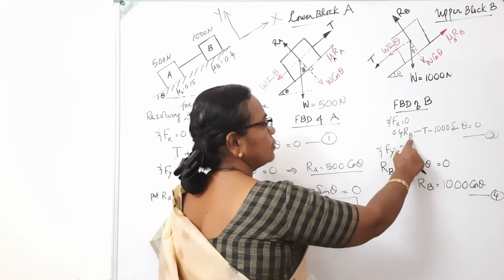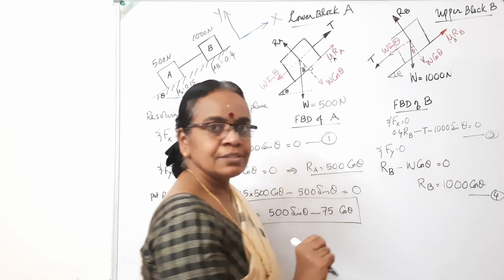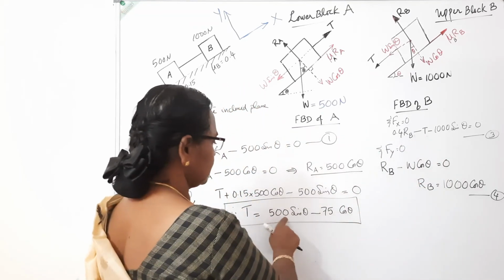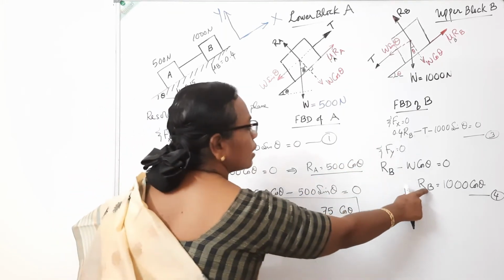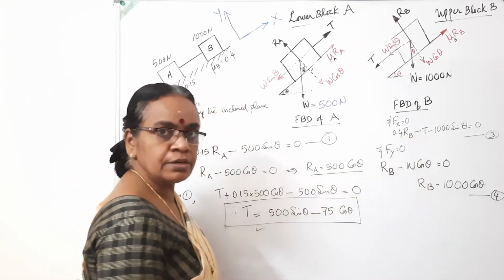Now in this expression we have RB as well as T. So substitute for T from here and RB from equation 4.